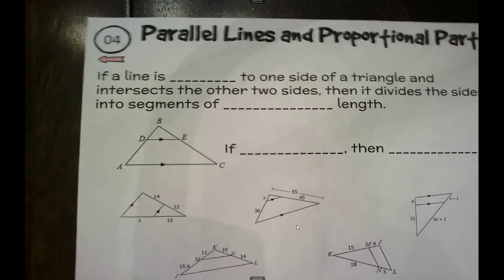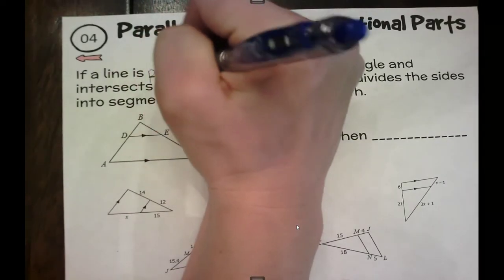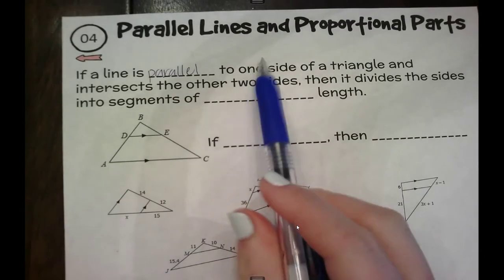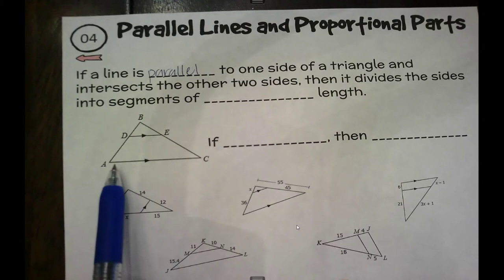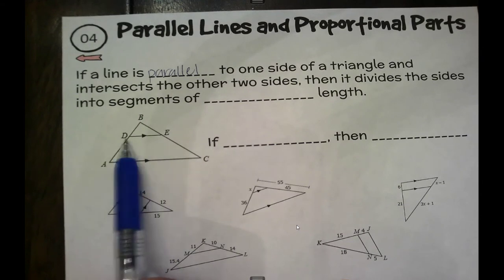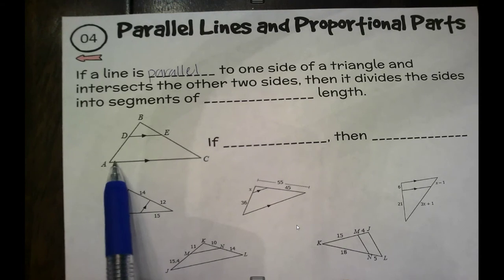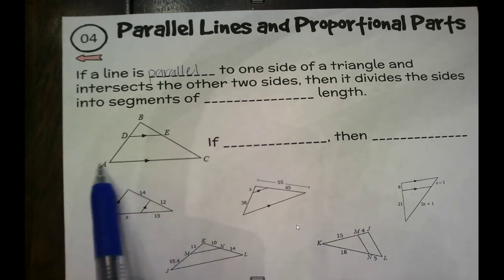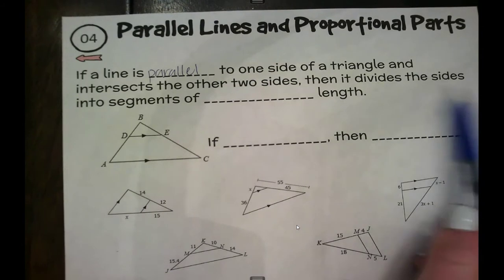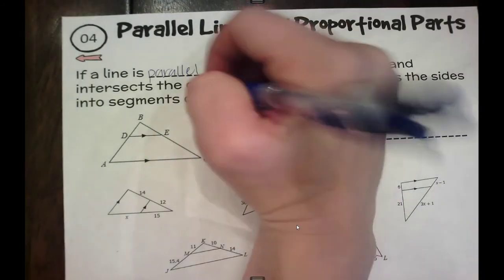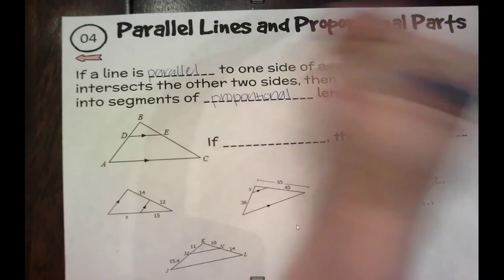So if a line is parallel to one side of the triangle and intersects the other two, so this is parallel, it's intersecting the sides of the big triangle, and it's parallel to the side of the triangle, then it divides the sides into segments of proportional lengths.